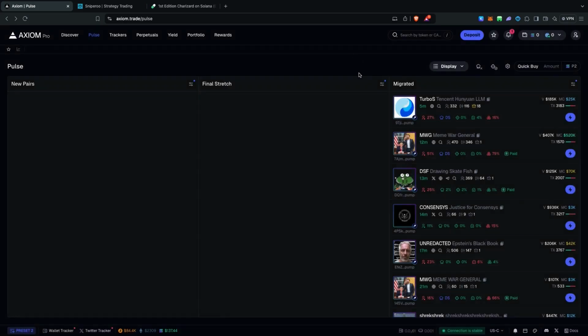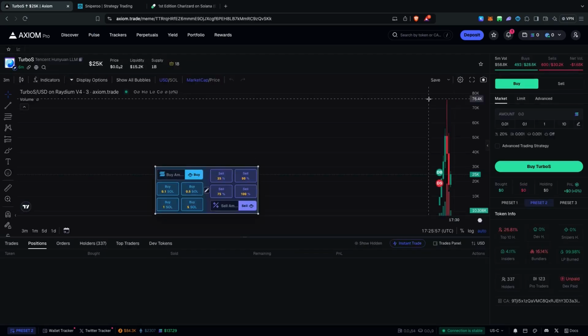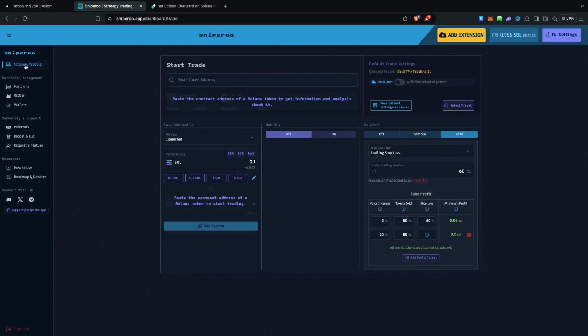So if you need to summarize anything from this episode, right, number 1, use Axiom for your filters. Number 2, use Sniperoo to make your trades. Sniperoo is very good in terms of executions, in terms of sniping before a token migrates. Nobody's ever going to front run you ever. And Sniperoo has got these specific trading strategies in terms of profit taking, trailing stop losses, and stop losses.